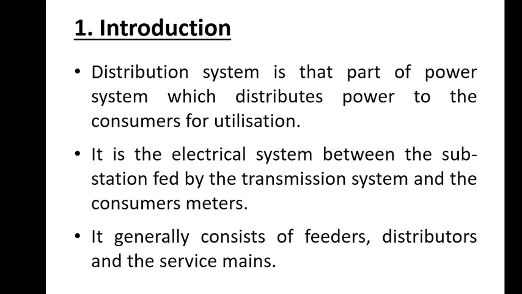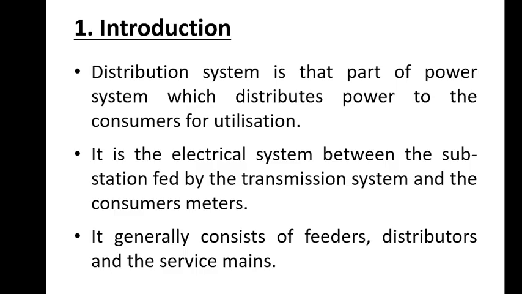Okay, the distribution system is the part of the power system responsible for delivering electrical energy to consumers for practical use. It connects the substation, which is fed by the transmission system, to the consumers' meters.